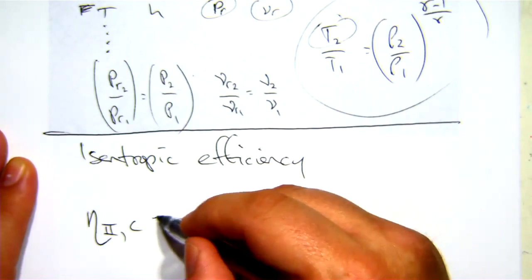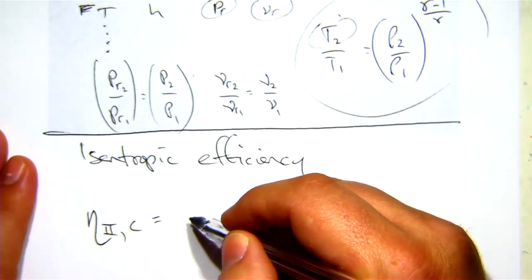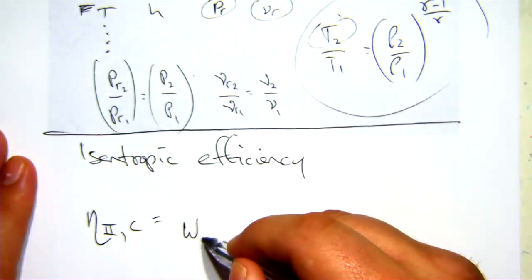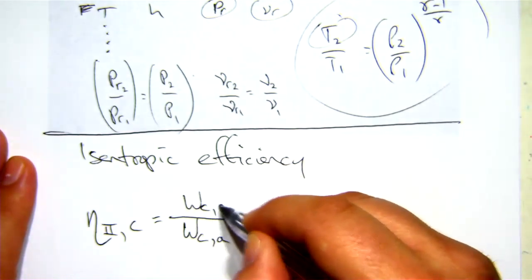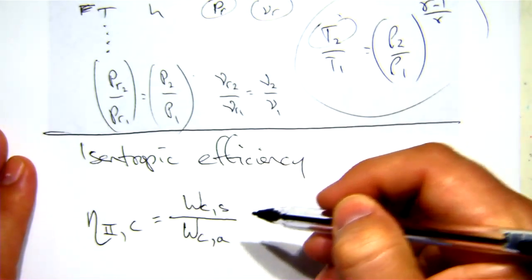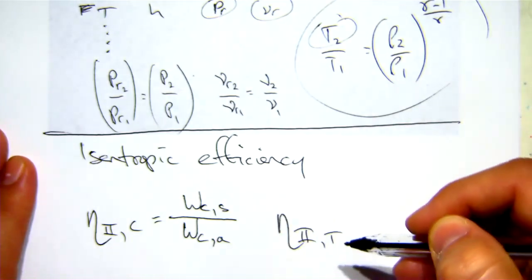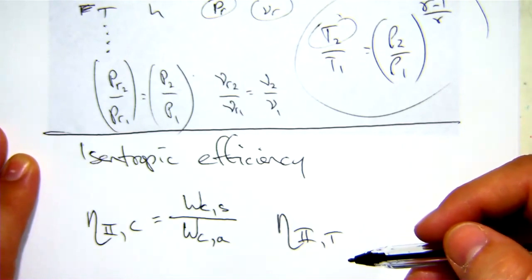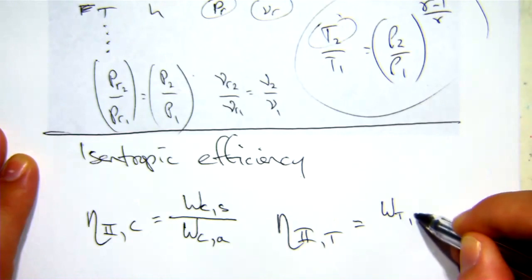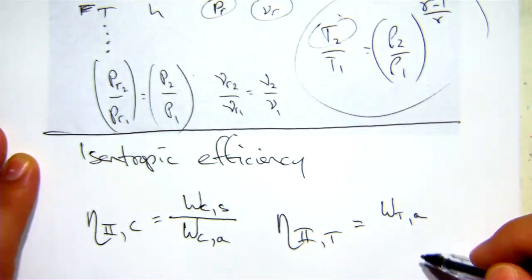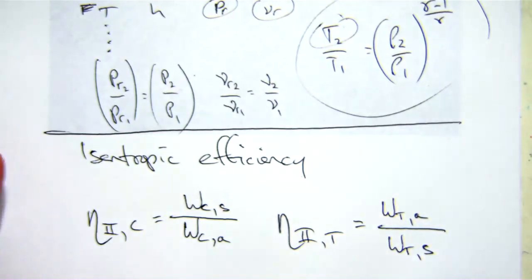For a compressor, we're talking about if it's more work done to run a bad compressor, the actual work goes on the bottom and the ideal work goes on the top. For a turbine, we flip that over. If it's less work out from a real one, then the actual work goes on top and the isentropic work goes on the bottom.